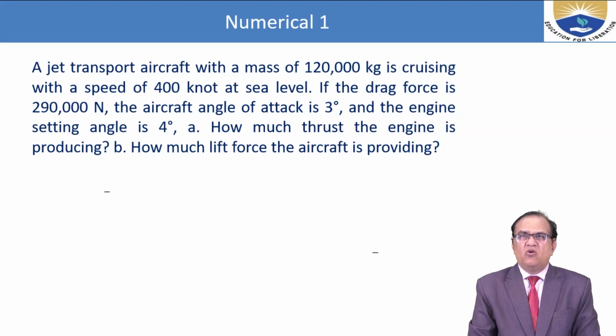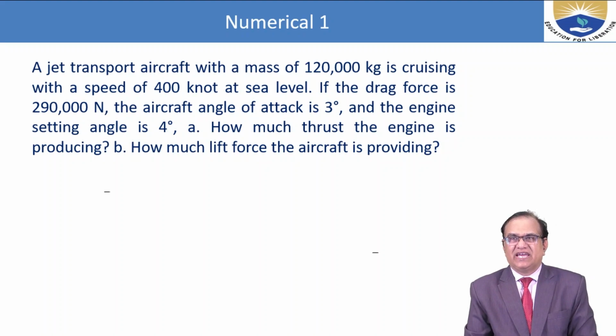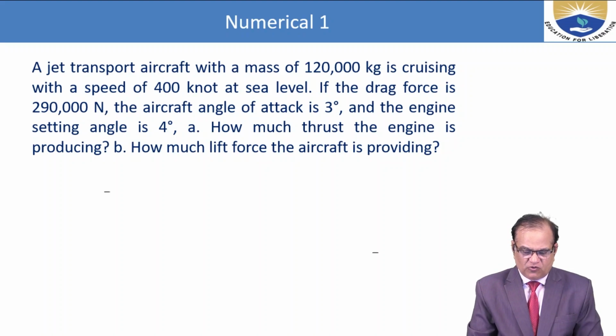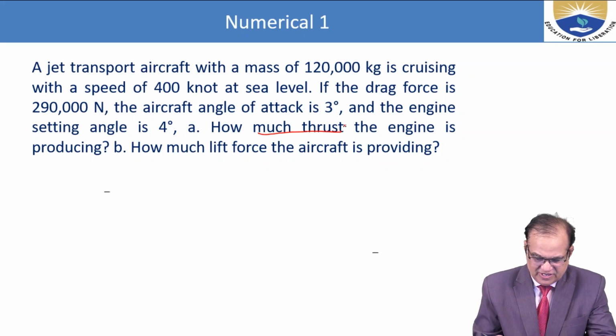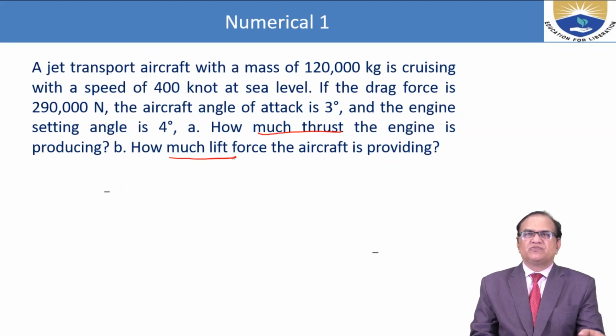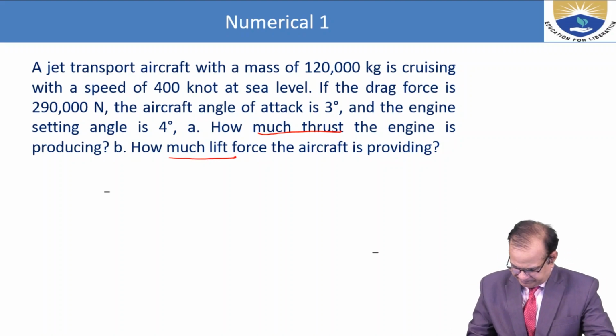A. How much thrust is the engine producing, and B. how much lift force is the aircraft providing. So we have to find out two things: how much is the thrust and how much is the lift.